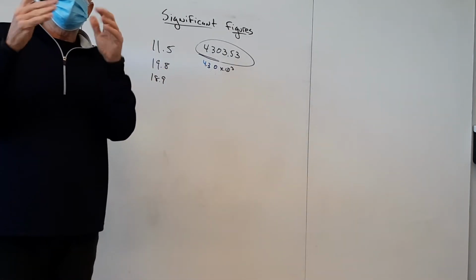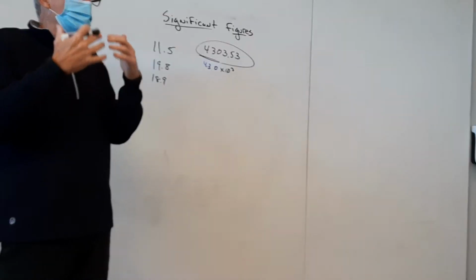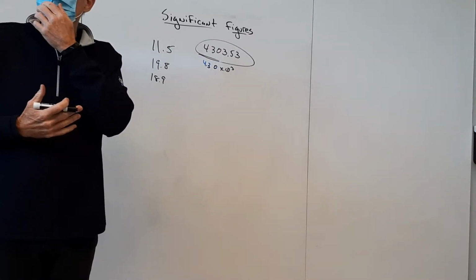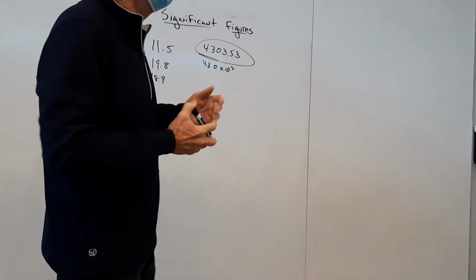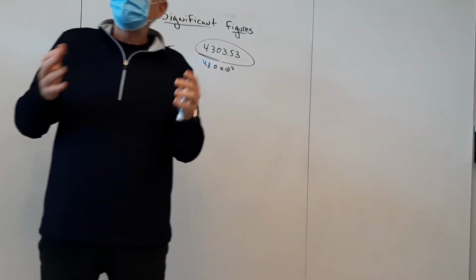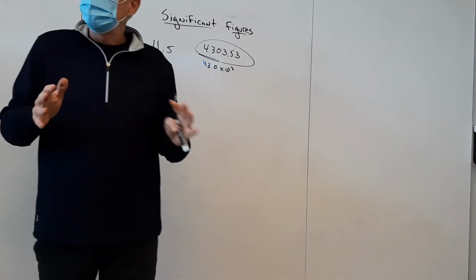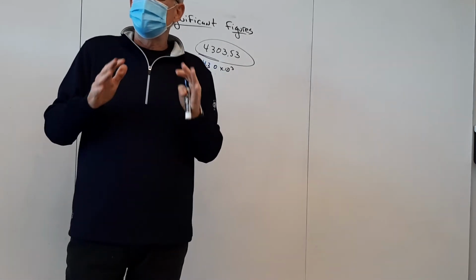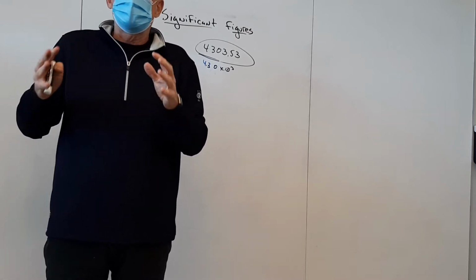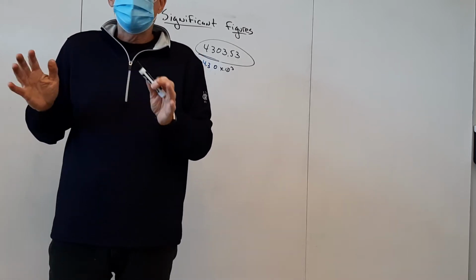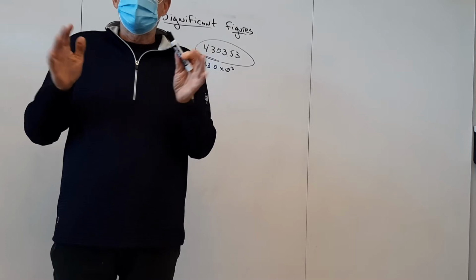Does everybody understand about significant figures? If I'm counting, you have unlimited significant figures. If I'm using a conversion factor, you have unlimited significant figures. But if you are measuring something, it's not going to have unlimited significant figures. There's only a limit to how accurate, how precise, that can be. Everybody with me on that?